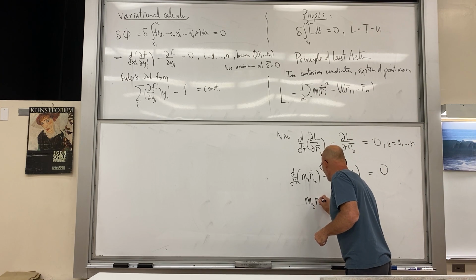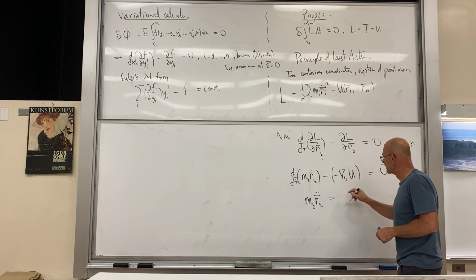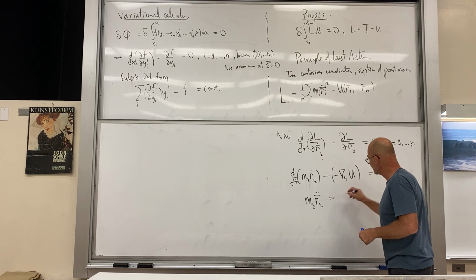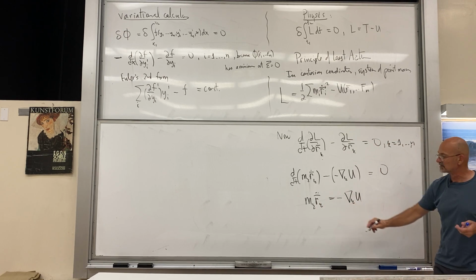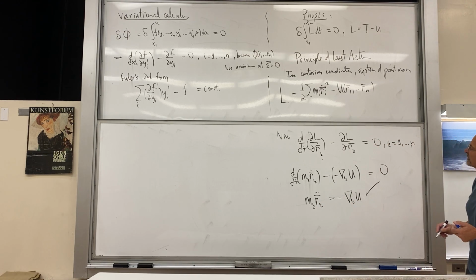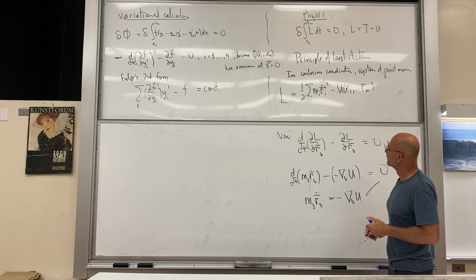M sub k r sub k second derivative equals, minus on minus is plus, you get a minus gradient sub k of U. Of course, that's Newton's law. Okay, so check that off. We have Newton's law in Cartesian coordinates.